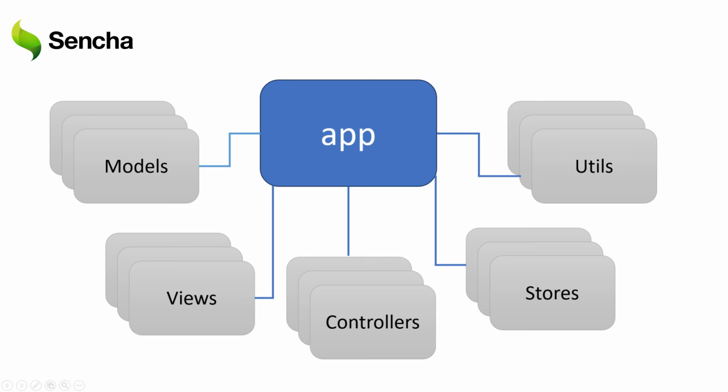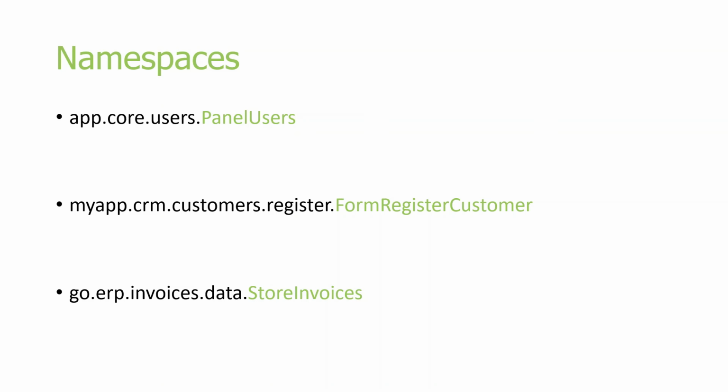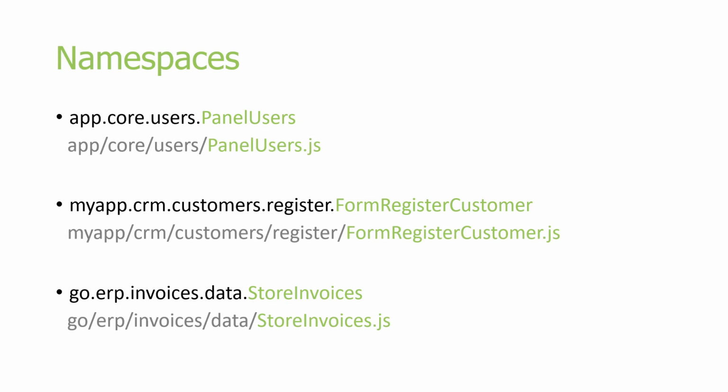The first thing we'll look at is the organization of folders and files and how these relate to the name of their class and package. When naming classes, the namespace should be in lowercase, and at the end, the class name should use camel case notation with the first letter capitalized. The namespace is equivalent to the physical path where the file is located, making it easy to find.